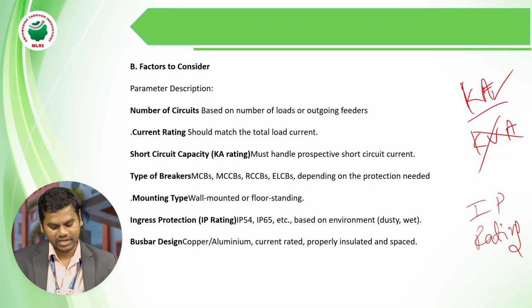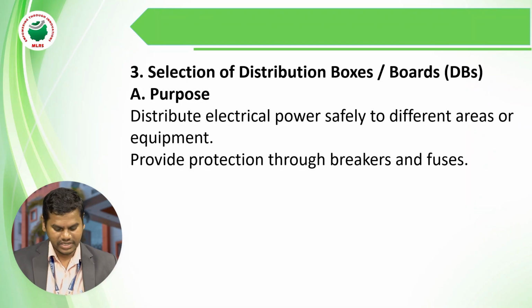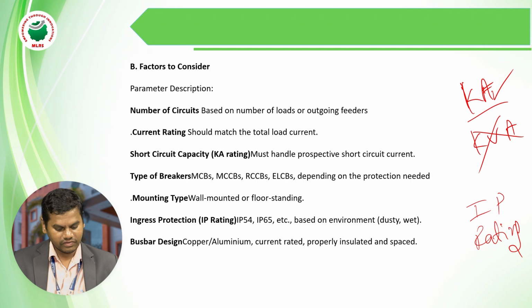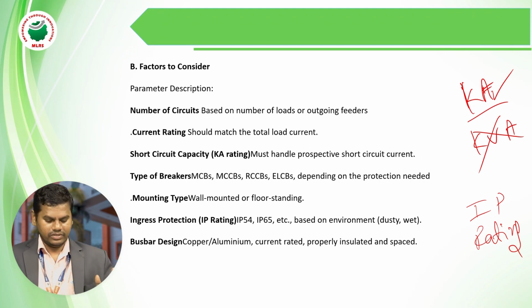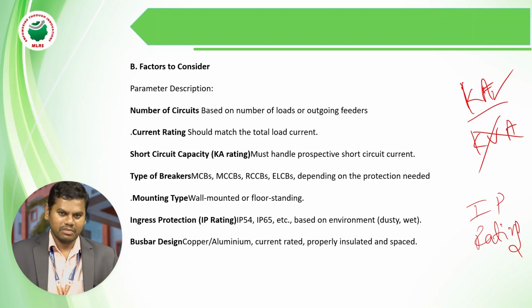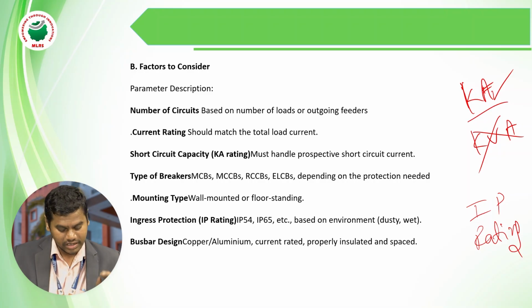These are the factors to consider for the circuits. So what are the factors when considering distribution boxes? Number of circuits. The number of circuits is based on the number of loads, or outgoing feeders. Next, current rating.